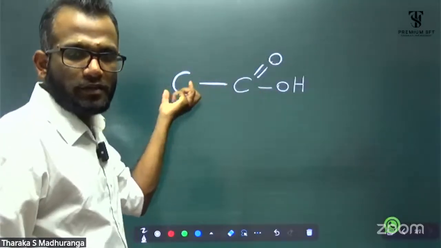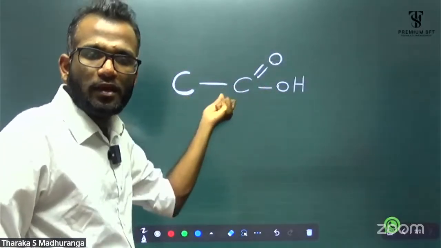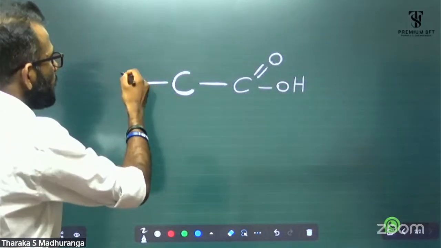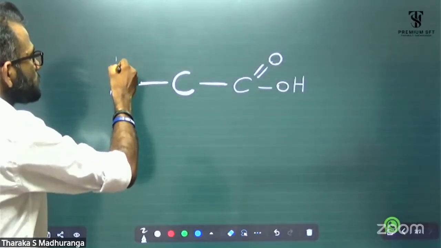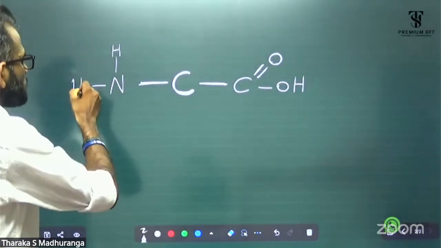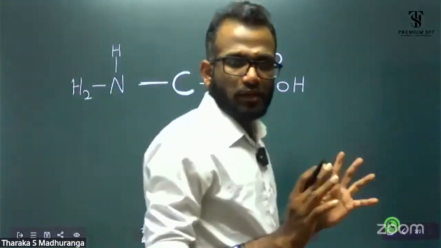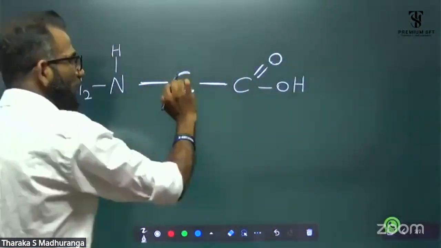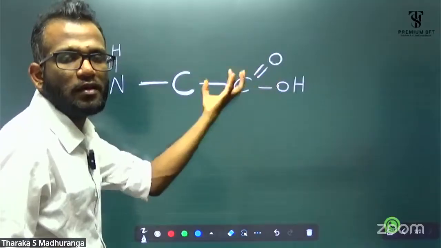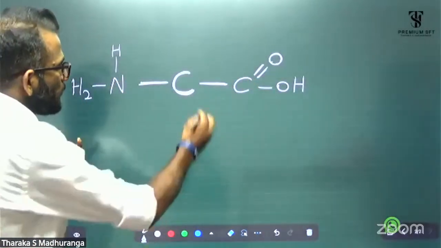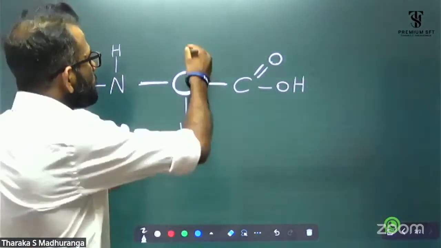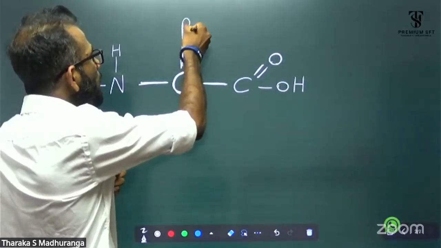This alpha carbon is combined with the carboxylic group, and there is another group that we call the NH2 group. The middle carbon, the alpha carbon, is combined with COOH, the carboxylic group, and the amine group, and a hydrogen bond. This is the R carbon chain.